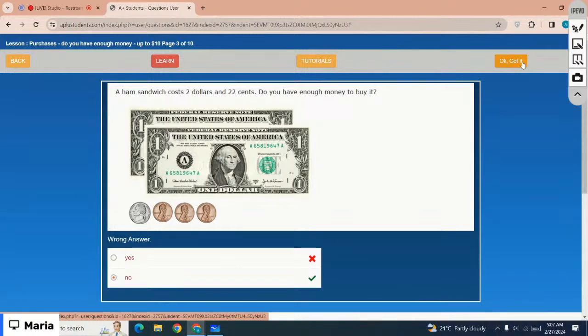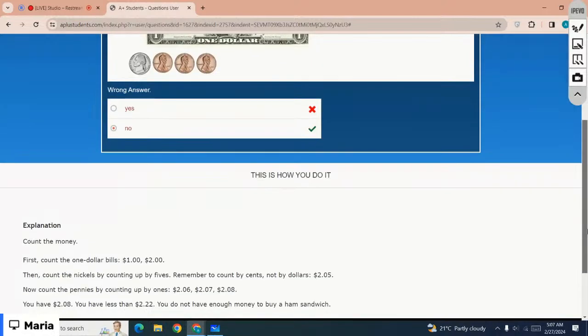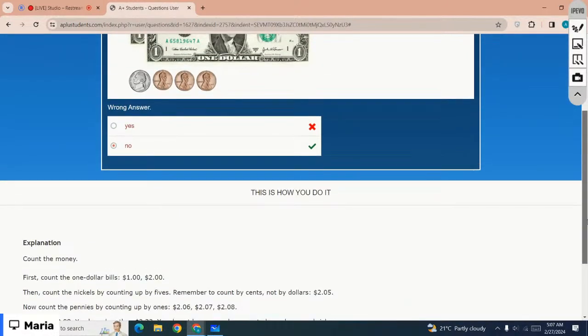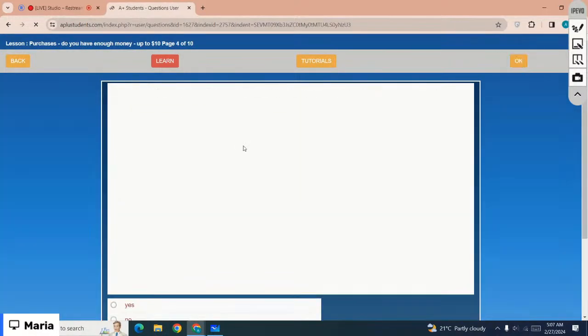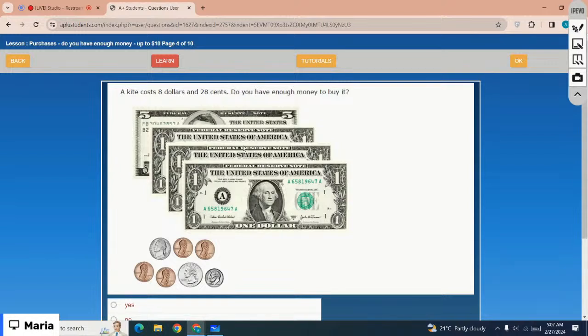Hold on. Okay, sorry, this one is for fives. You can count, and the rest of them you can count by one. So that is five, six, seven, eight, $2.08 you have, right? Okay.